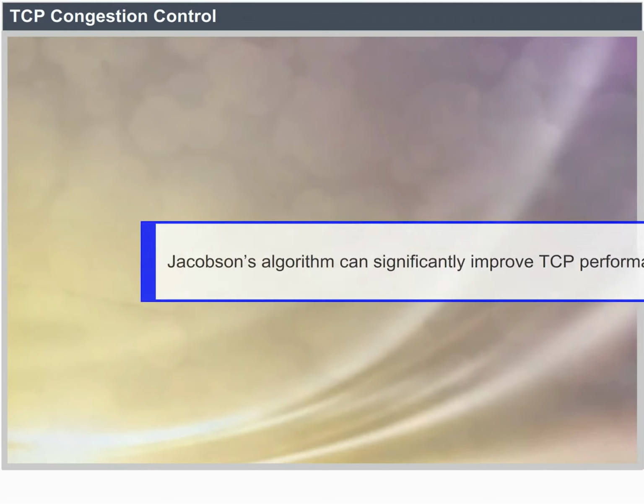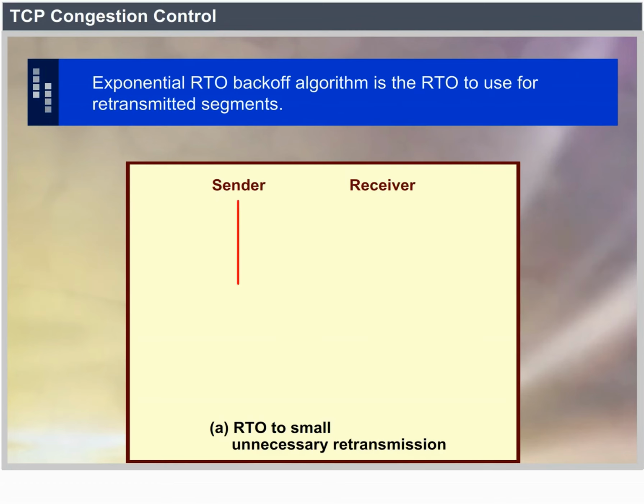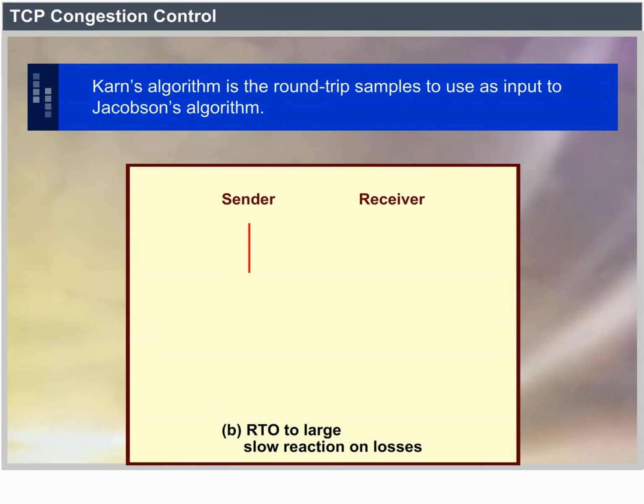Jacobson's algorithm can significantly improve TCP performance, but the exponential RTO backoff algorithm gives the RTO to use for retransmitted segments. Kahn's algorithm determines the round-trip samples to use as input to Jacobson's algorithm.